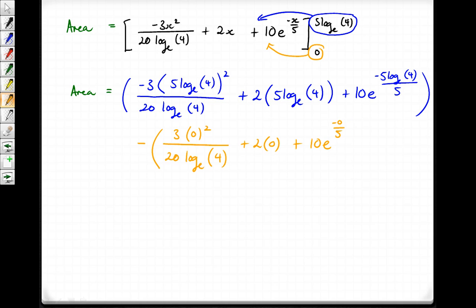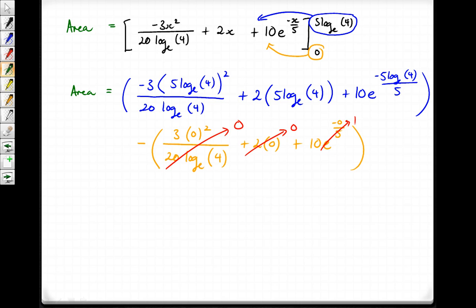So you'll probably notice that the orange is going to be a lot easier for us to simplify down. So this is worth 0, this is worth 0, and the e to the power of 0 is worth 1. So we've got 10 times 1 in the whole orange. The blue, however, we're going to have to keep plugging away at to make sense of something.